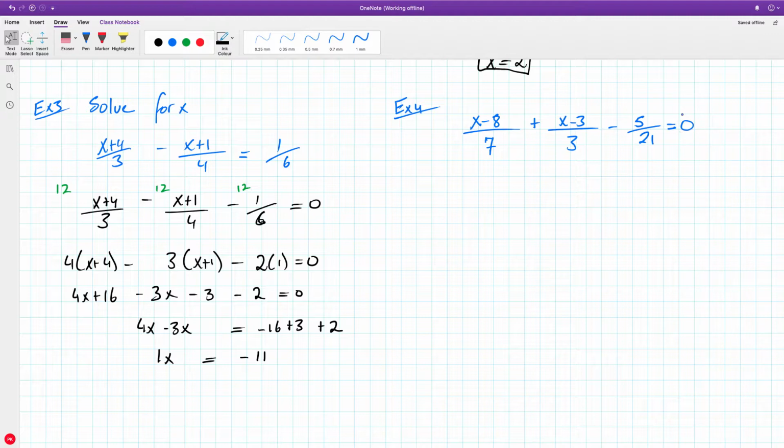What's the lowest common multiple? 21. Anyone need a calculator? All right.